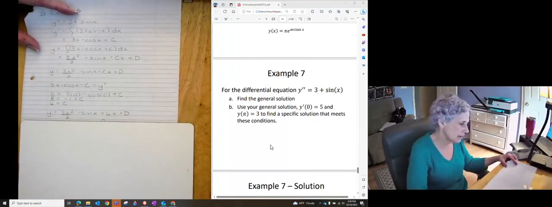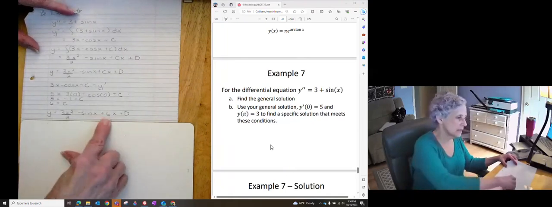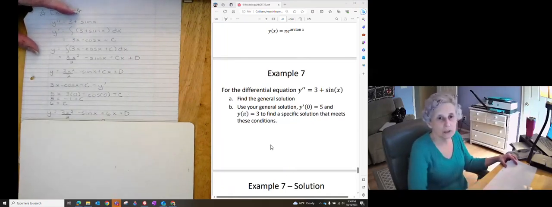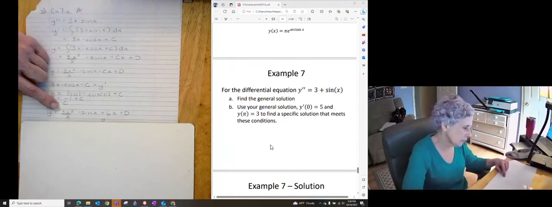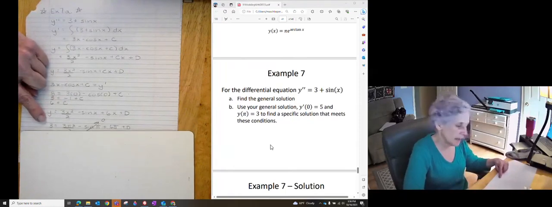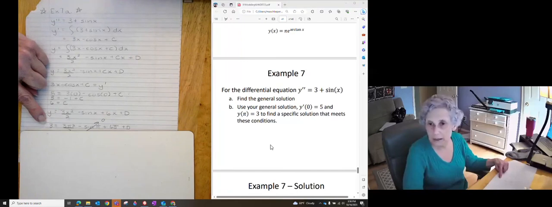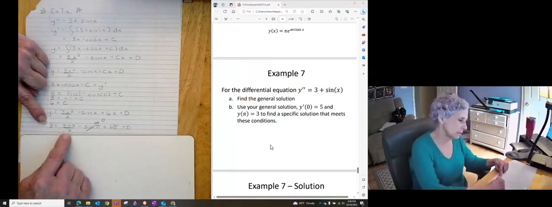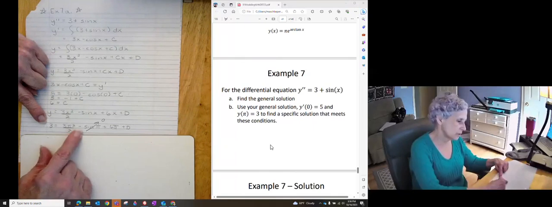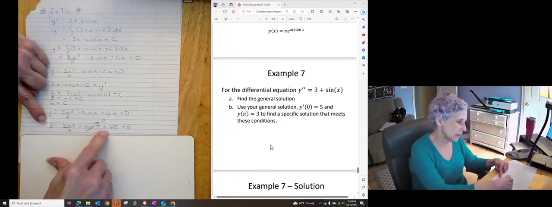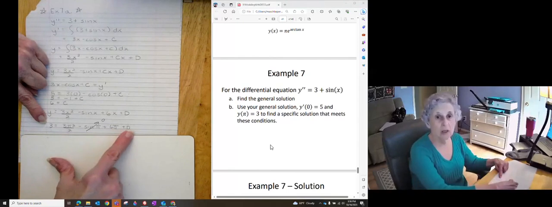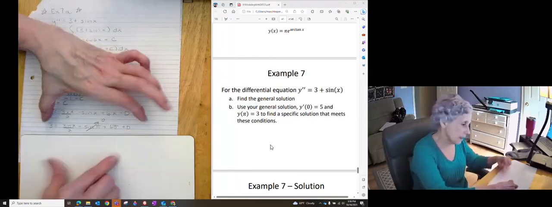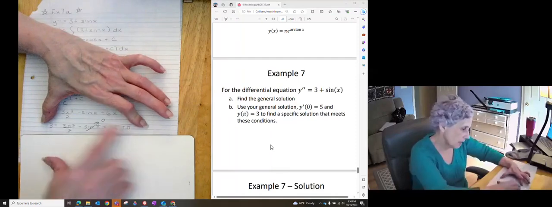Then I plug that into c for my y function, and I plug pi in, and 3 has to come out, and that one didn't come out nearly as pretty because I end up with 3 pi squared over 2 minus sine of pi plus 6 pi plus d, and then I solved for d.